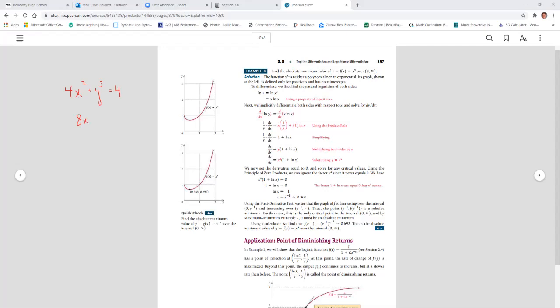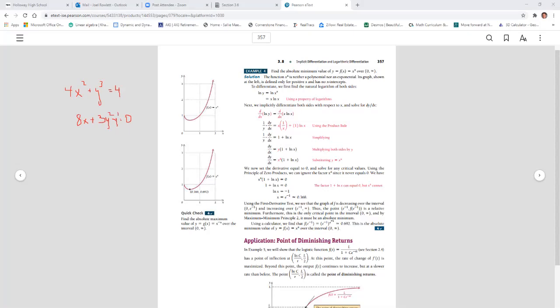The derivative of y cubed is going to be 3y squared, which is just the power rule, but I have to multiply that by y prime. And the derivative of 4 is 0.